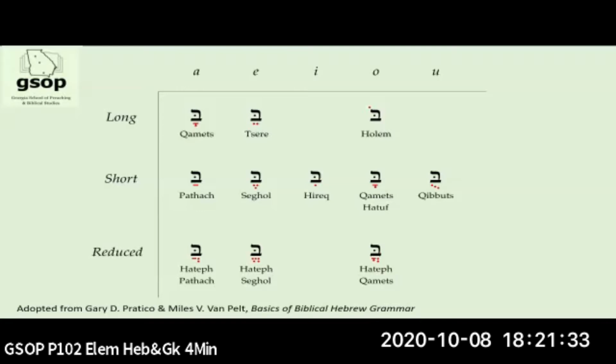They could have used the bet, they could have used the kaf, they could have used any letter. It doesn't make a difference because these vowels will be under all the consonants. And so it happens they use the hard sound bet as a way for us to recognize it.